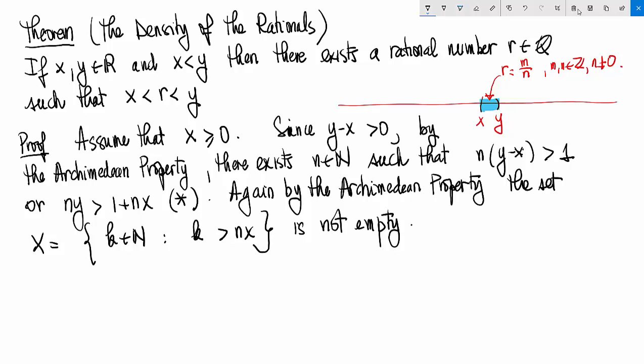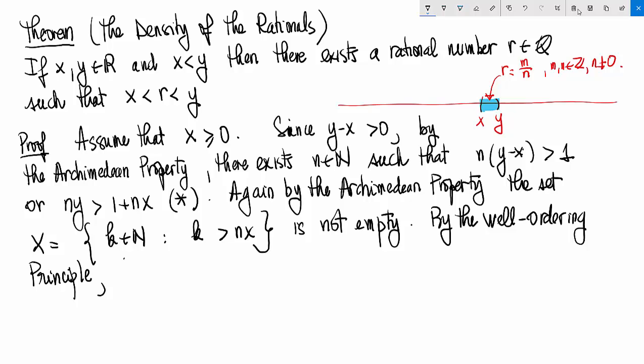Because you can find a natural number which is bigger than nx. That's what the Archimedean property tells us. But by the well-ordering principle, the set X is a subset of the natural numbers, and the well-ordering principle tells us that any non-empty subset of the natural numbers has a least element.